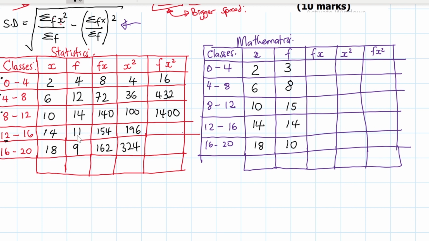Then we have 11 times 196, giving us 2156. Then of course lastly, this is our f, which is 9 times x squared, which is 324, is going to give us 2916. Okay, so basically it's just arithmetic.